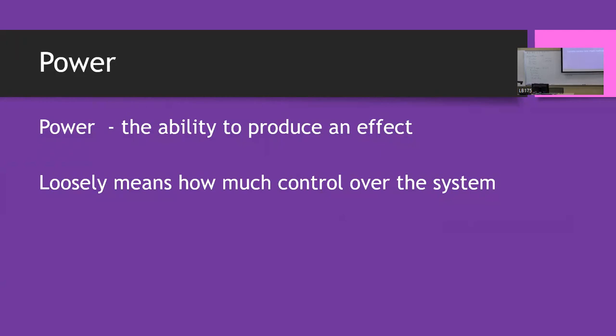So first off, we want to think about what power actually is in terms of voting power. Power is the ability to produce an effect. It means essentially how much control do you have over the system?